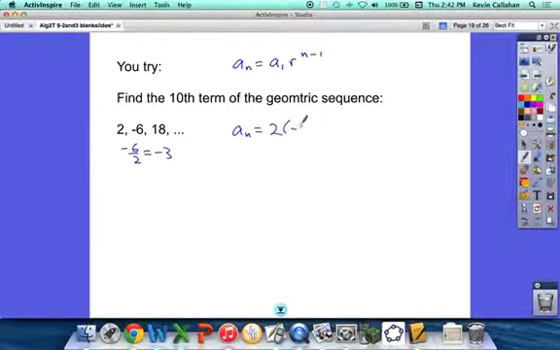So that's negative 3 to the 10 minus 1. An equals 2 times negative 3 to the 9th, which is negative 39,366. And we agreed that we had 100% got that right, correct?